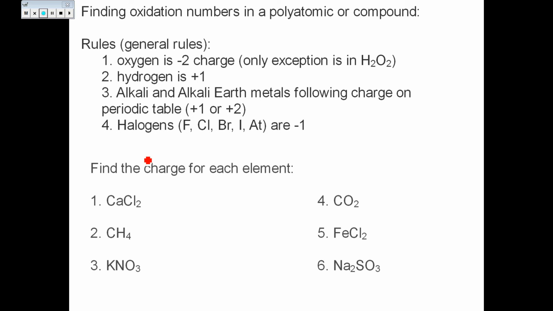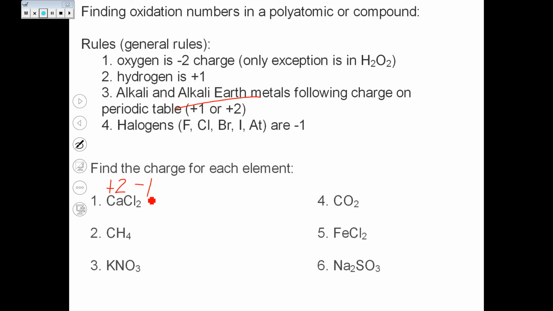All right, so we have CaCl2. To determine the oxidation numbers on these, calcium is an alkaline earth, so it's going to have an oxidation number of +2. Chlorine is a halogen, so it's going to have an oxidation number of -1. Now, one way to check to make sure you did this correctly is because calcium chloride is a neutral ionic compound, the charges have to add up to 0.